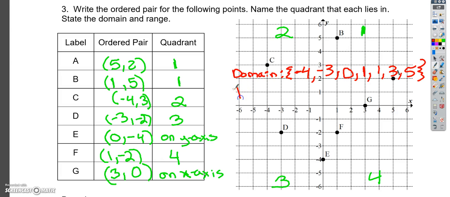The range are the y values. So that would be the 2, the 5, 3, -2, -4, -2, and 0. So we start with the smallest, which is -4.